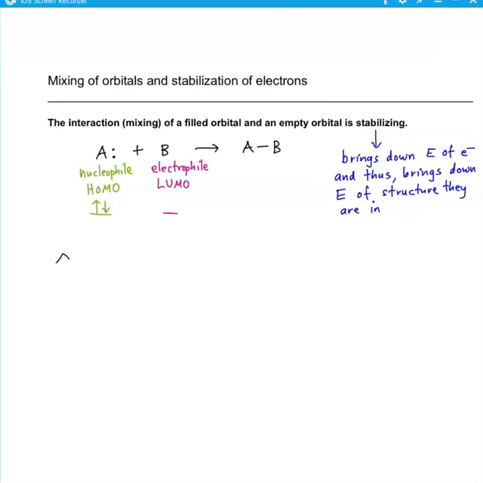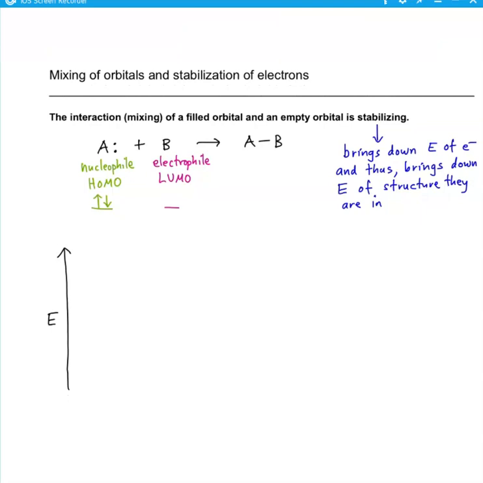So let's think about a picture as follows. Let's imagine the instant at which A and B get together and that bond forms. And let's draw a picture of what's happening.